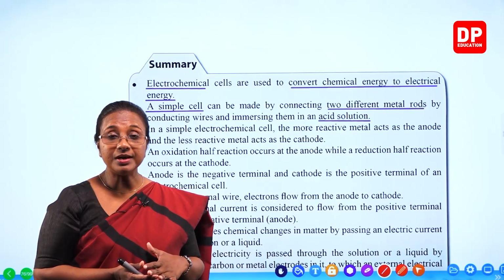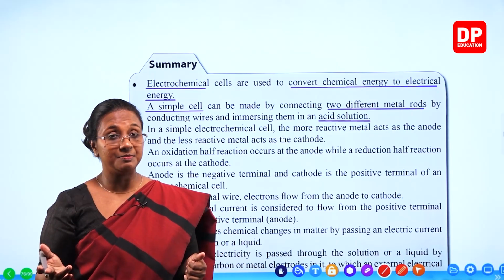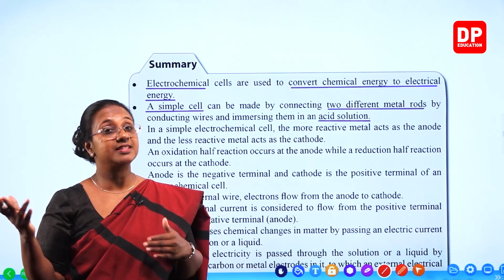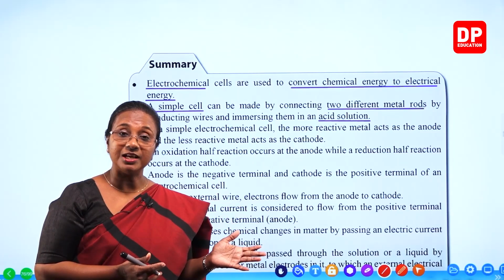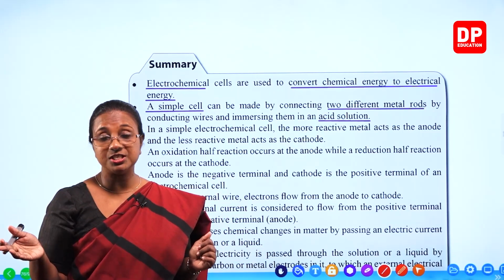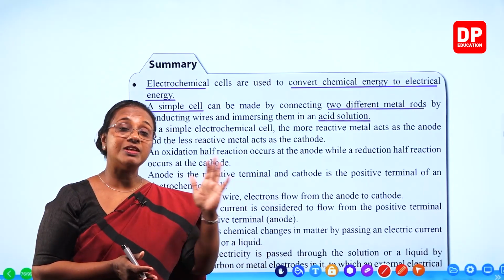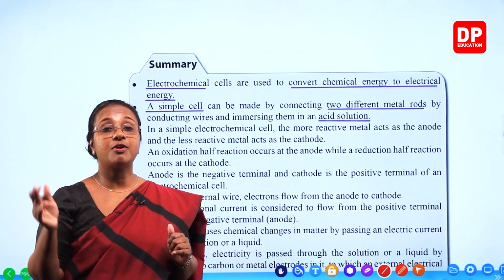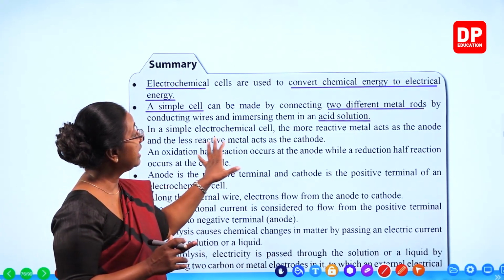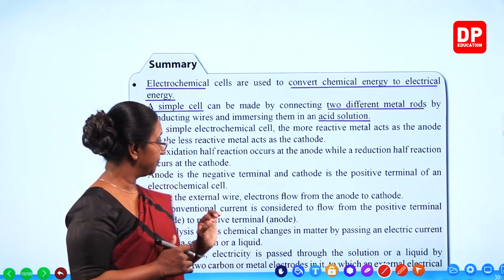Whereas near the copper, reduction will take place, and that acts as the cathode. The anode will be the negative electrode and the cathode will be the positive electrode. So electrons will flow from anode to cathode, and current will flow from cathode to anode in an electrochemical cell.